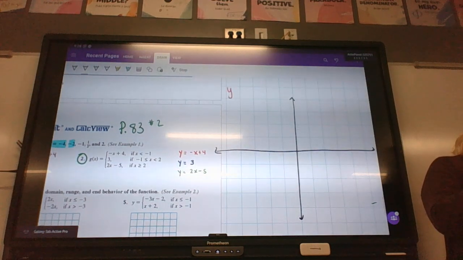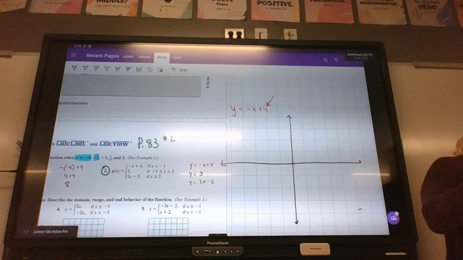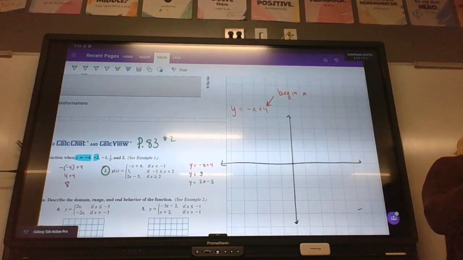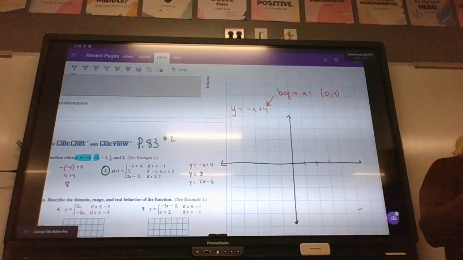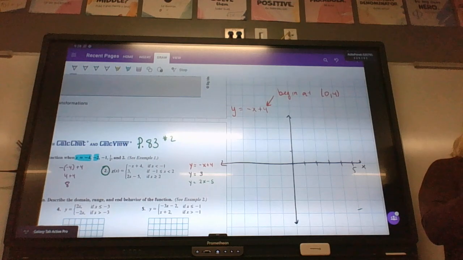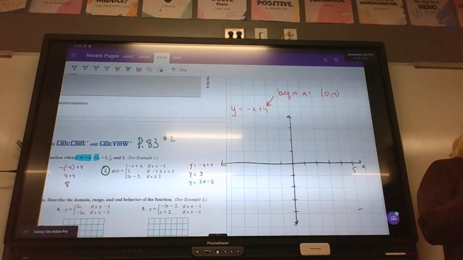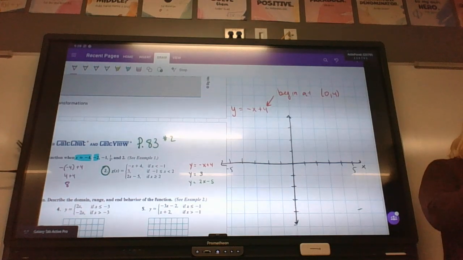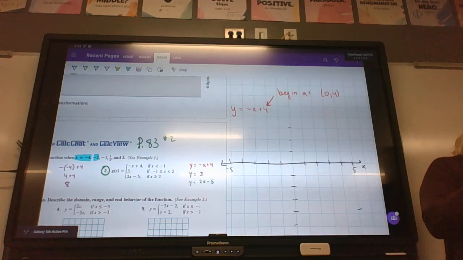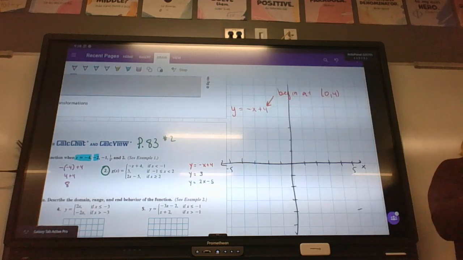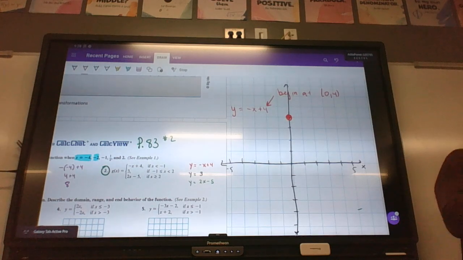Okay, so to graph y equals negative x plus 4, I'm going to begin my line at the point 0, 4. There it is, so 0, 4.